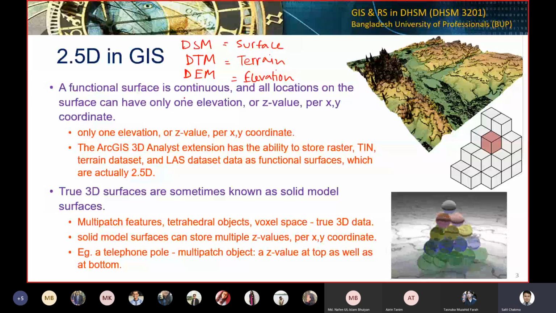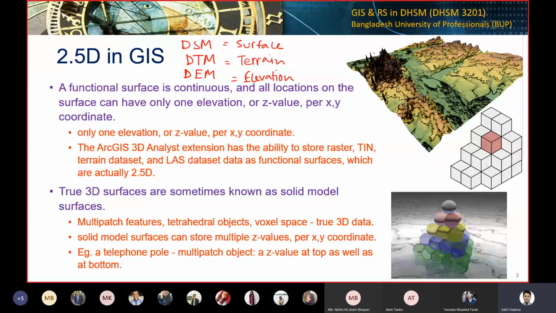Well, the surface model considers the surface, whatever that is. Maybe on the surface there is a boat, maybe a house, maybe trees. So it will take only the surface of everything. That means if you have trees on the ground, the height or the surface of the trees will be recorded in this model.